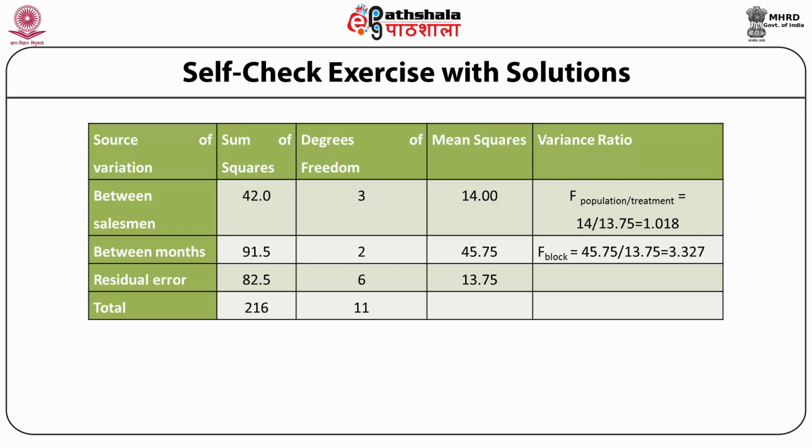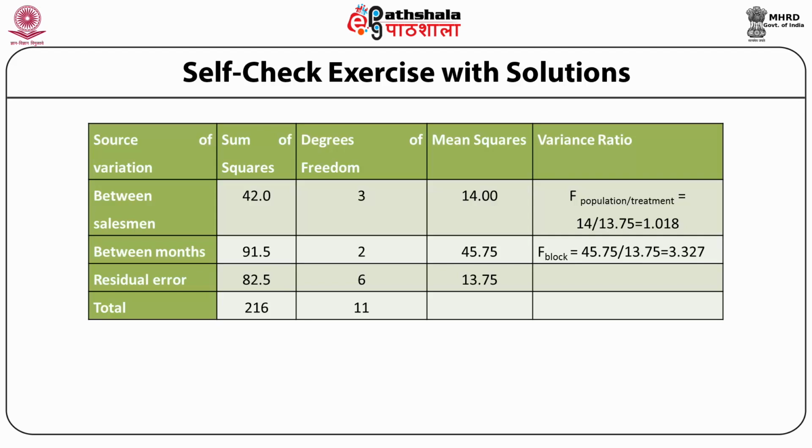How have we got this degrees of freedom 2? That is 3 rows minus 1, that is R minus 1, 3 minus 1, that is 2. And you can see the above calculated value of MSR, that is 45.75. Then the residual error sum of squares is 82.5, degrees of freedom is 6, so the mean square is 13.75, which we have calculated.